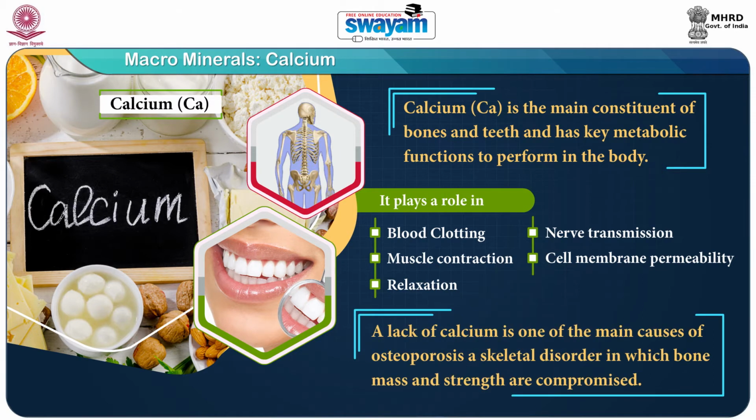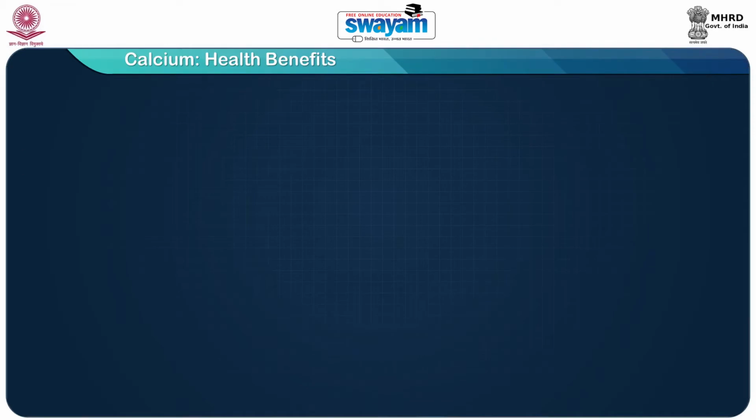A lack of calcium is one of the main causes of osteoporosis, a skeletal disorder in which bone mass and strength are compromised. Now, with this brief introduction on the physiological role of calcium, let us see what are the health benefits which research has put before us.